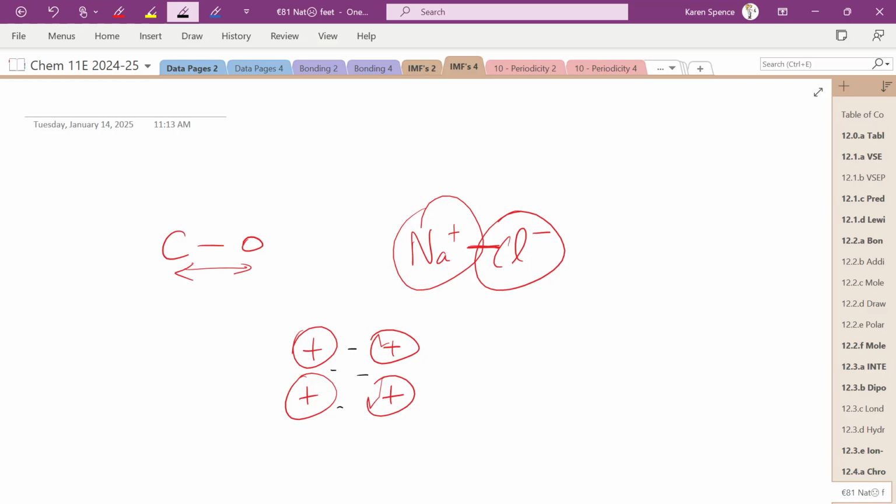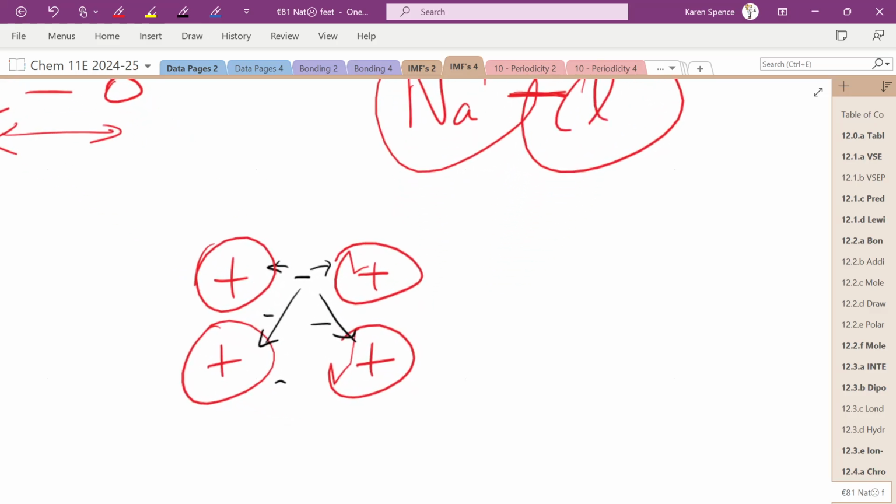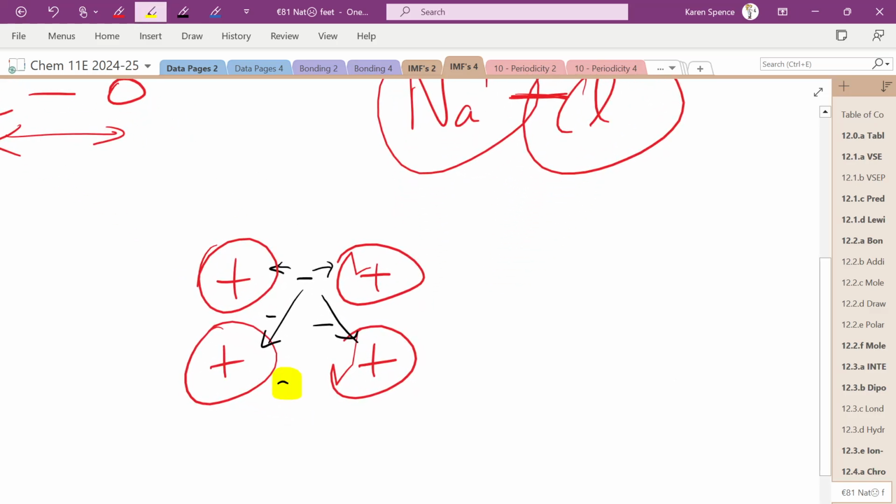Those electrons move. So this electron might be attracted to the one on the right, or it could be attracted to the one on the left. But later it moves down here and now it's attracted in this direction and this direction. So that would be non-directional. I don't think that's a word that's going to come up, but it means not having a specific direction, okay? And I think really only metallic bonds are non-directional.